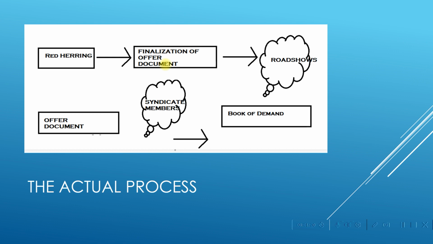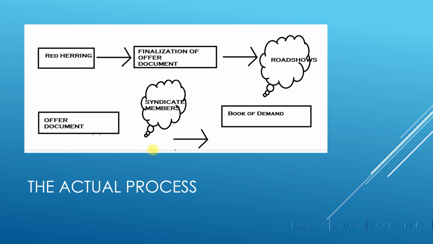Based on the offer document, the global coordinator or book runner, who is the investment bank managing the issue, acts through a network of managers called syndicate members and assesses the level of interest in the demand for the GDR that gets offered.